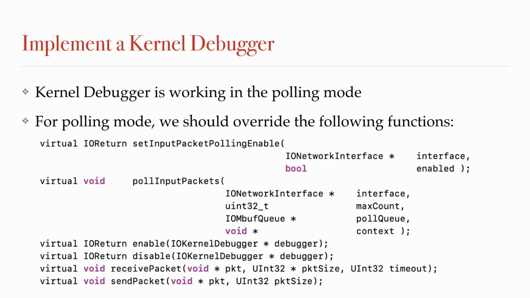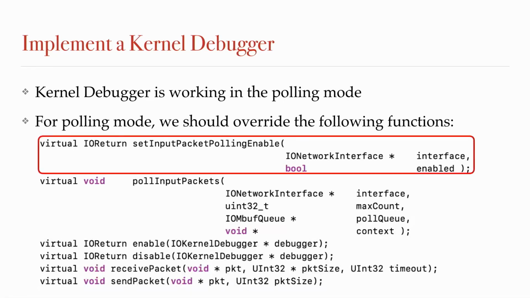The kernel debugger works in the polling mode of networking, and as the Apple API document describes, we should override the following functions in order to support our KDP protocol. The first one is to enable the polling mode.